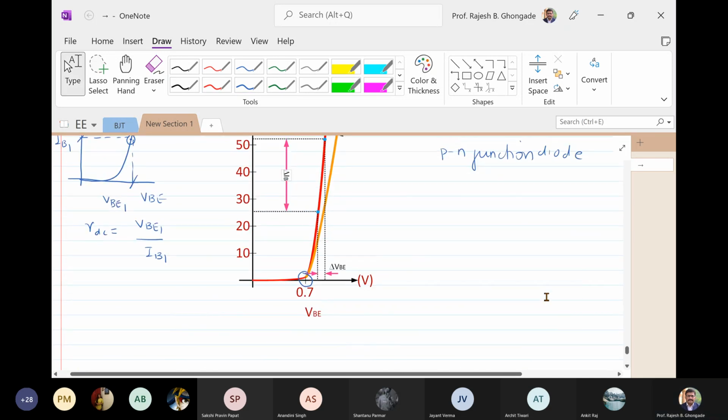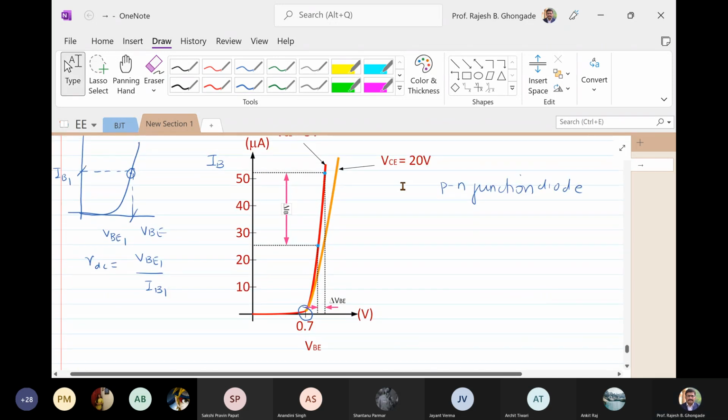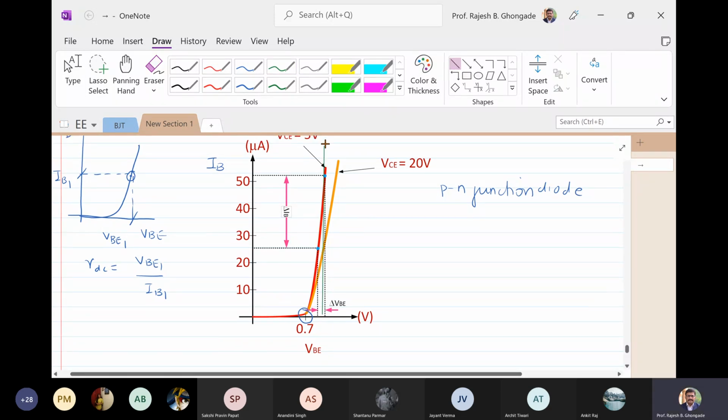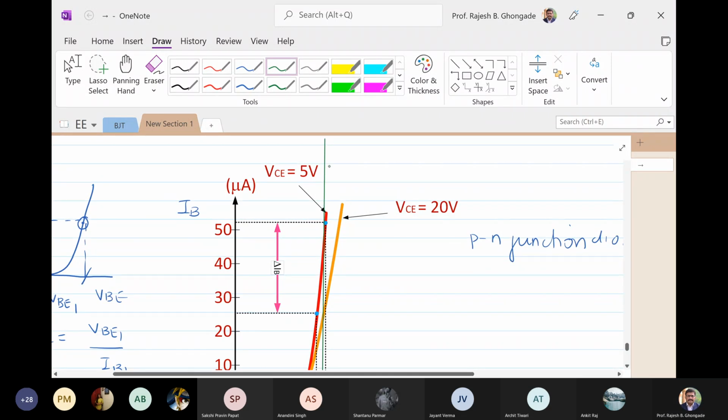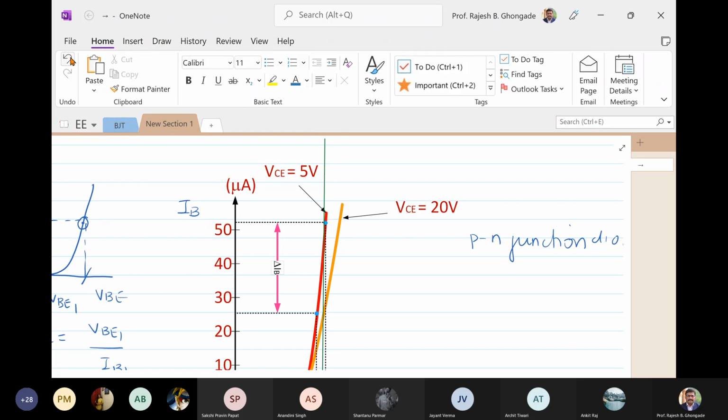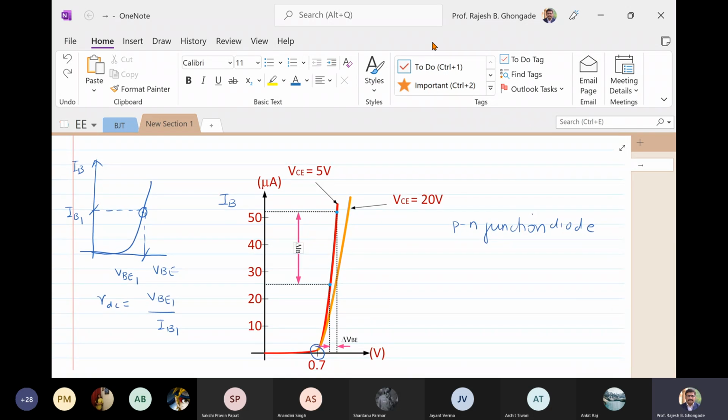If I draw a straight line here for a fixed value of VBE, I don't know whether you are able to see that or not. Okay, I'll do it once more.